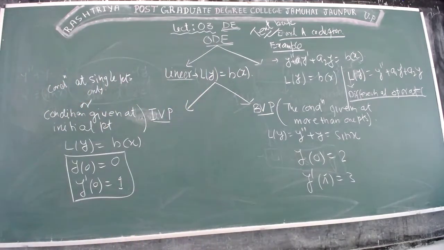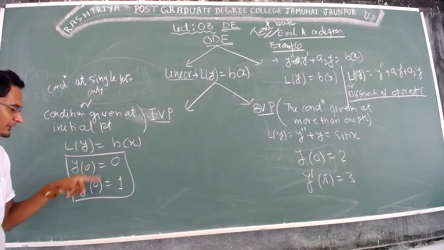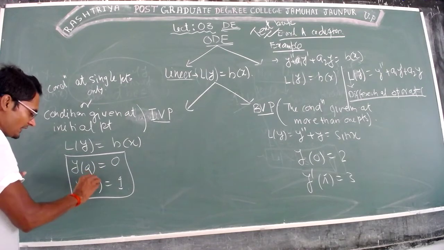My dear students, this is a linear differential equation. In the first, the condition y at 0 equal to 0 and its derivative, the second condition, are also given at 0. So the conditions are given at the same initial point.